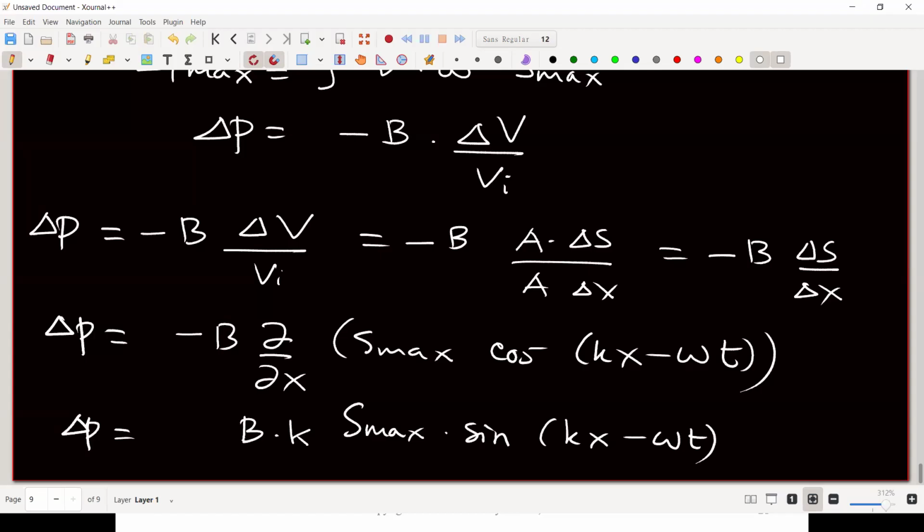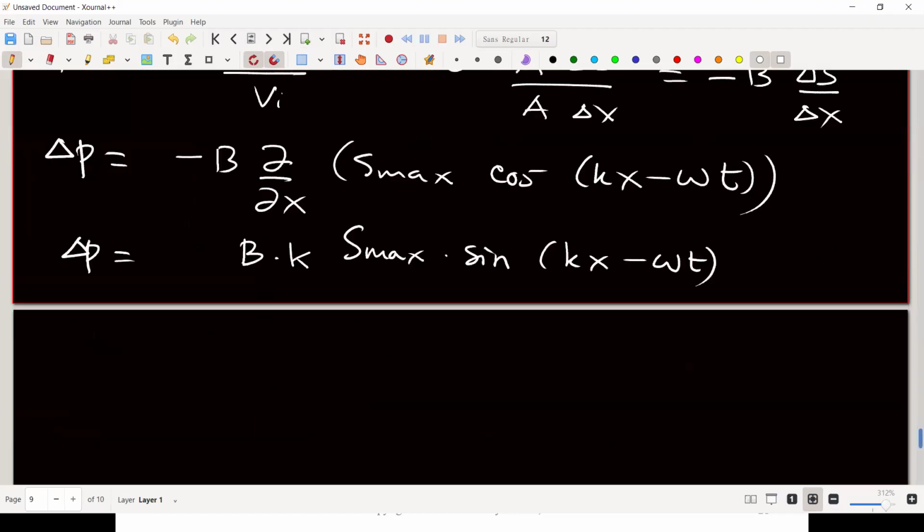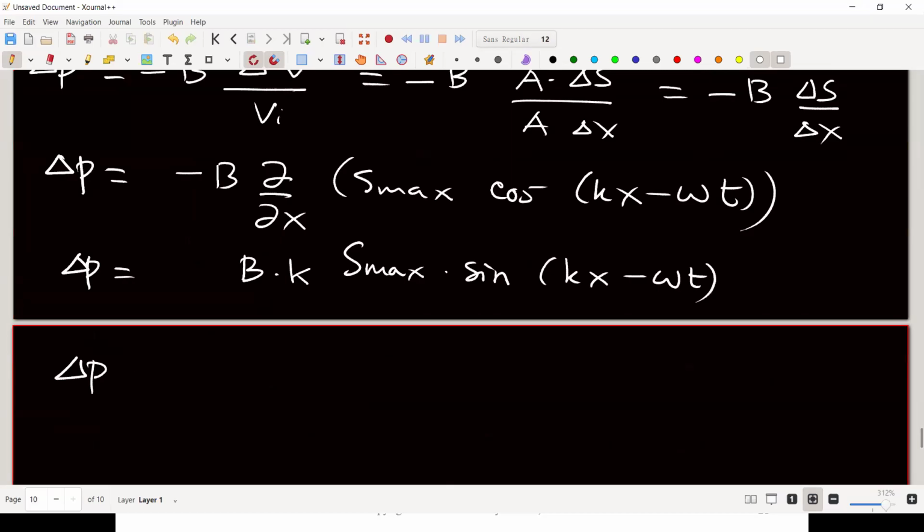Okay. By this one, we can use the delta P. B K x max sin of kx minus omega t. So this one is rho v square k. So B is rho v square, right?